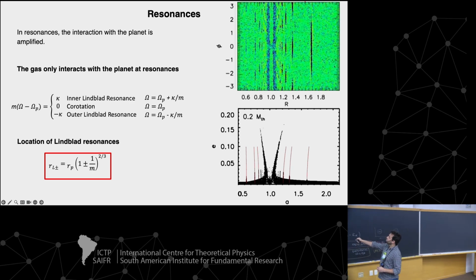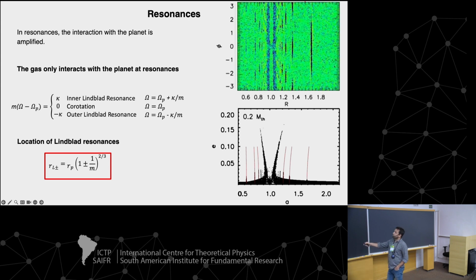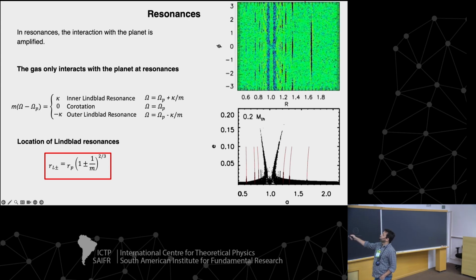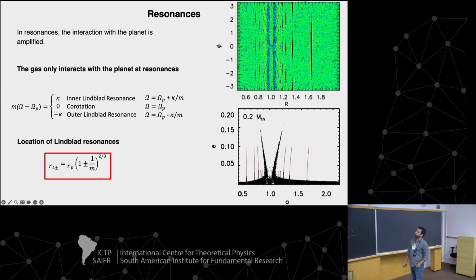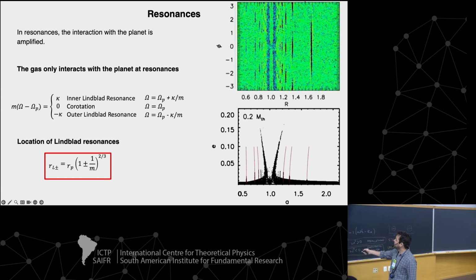Whenever you have this quantity here matching what you see here in the right-hand side, when integer m's lead to this quantity matching what you see here, then you'd have locations of increased response. So the locations of the Lindblad resonances will be given by what you see here.